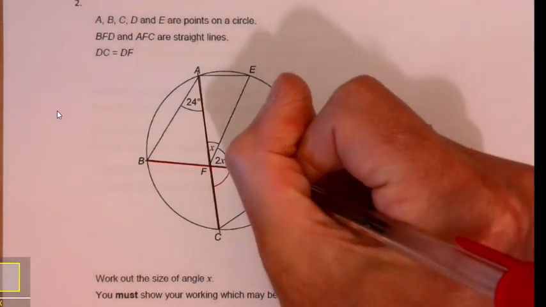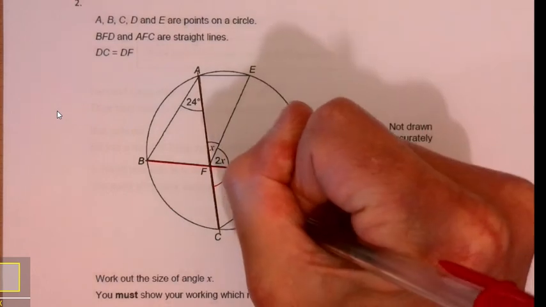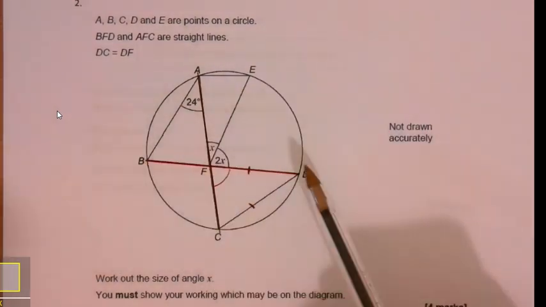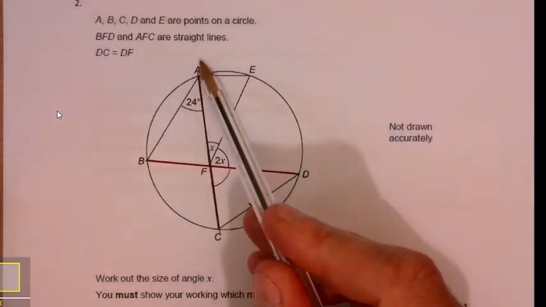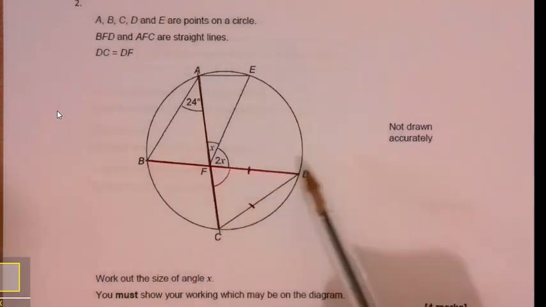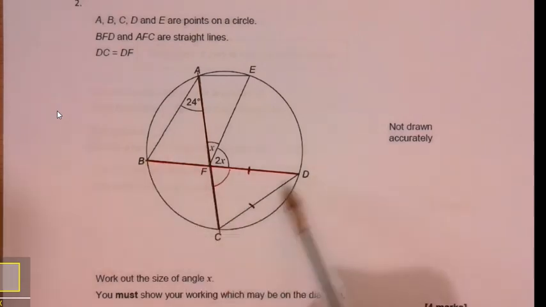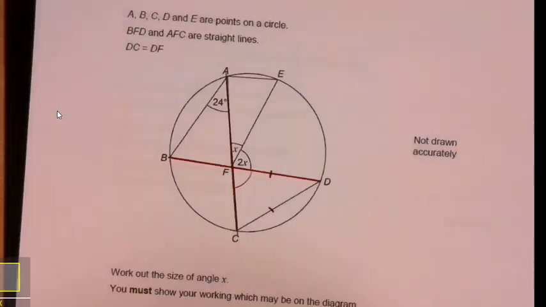Wait a minute, I've got my isosceles triangle here. Why is that useful? Look to see which circle theorem you can use that might be useful here. There you go. I think I've told you enough about that question.